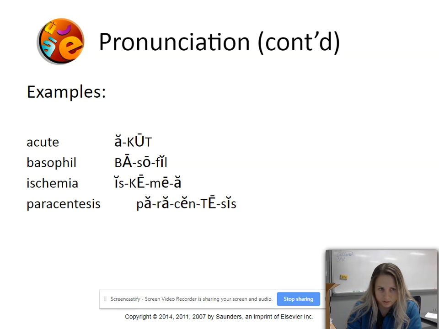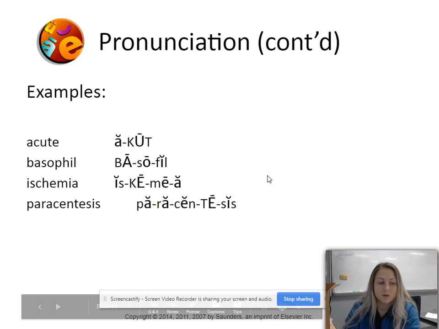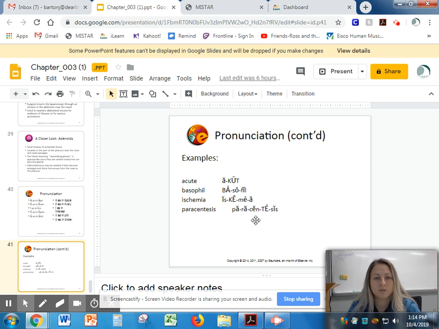So acute has a short A and a long U. Basophil has a long A, a long O, and a short I, right? So as you're trying to pronounce things, keep in mind your vowels could have a short or a long sound. Okay, so that is chapter 3.